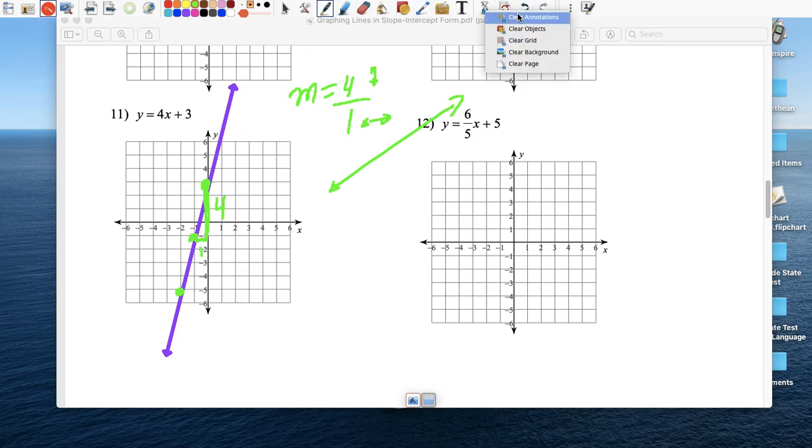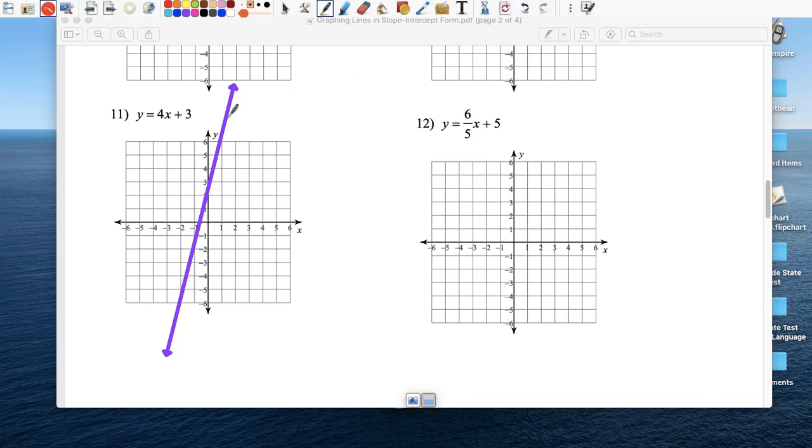Always with any 2 points, even this point and this point, if you knew the exact coordinates, and you did y2 minus y1 over x2 minus x1, you would get 4 over 1. Last one. Again, it's positive slope, so my m is 6 over 5, that's my slope. 6 over 5, up and down, left and right.